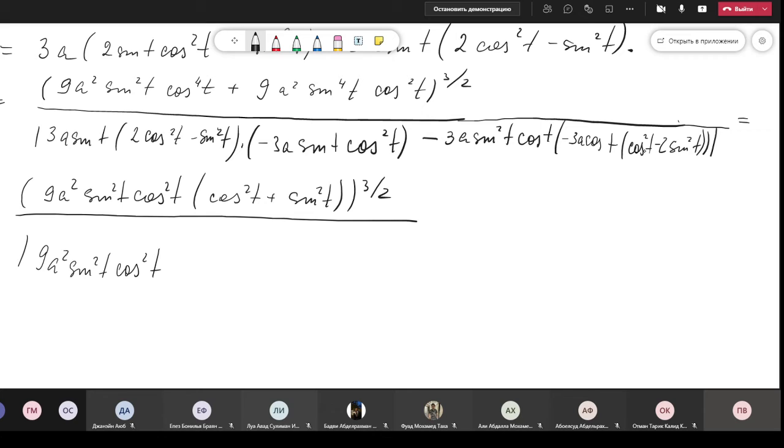Here in the brackets we have minus 2 cosine squared plus sine squared. This minus with this minus gives us plus cosine squared minus 2 sine squared.